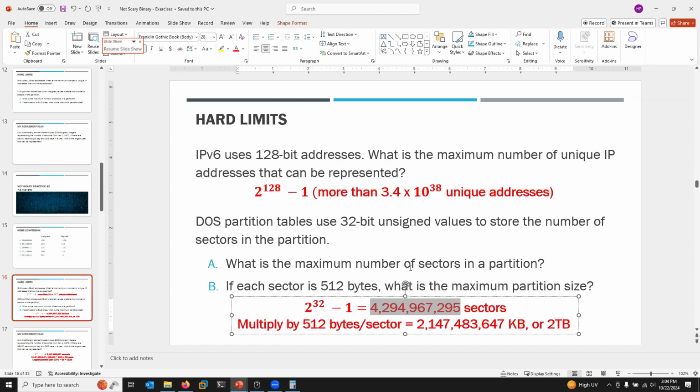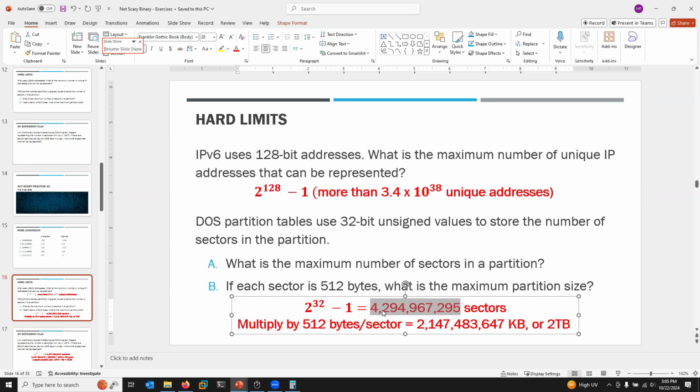Now, if each sector is 512 bytes, when you multiply that out, it's 512 times this number. The way I think about it, because I've been looking at these partition tables forever, is that 512 bytes is half a kilobyte, right?